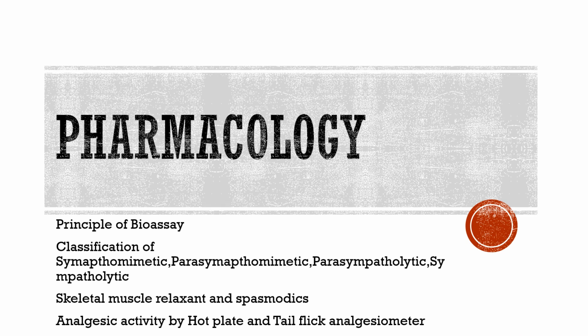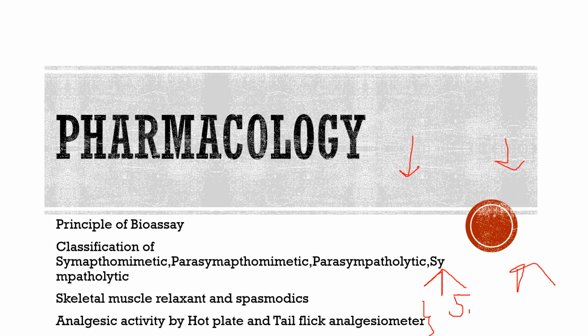Analgesic activity by hot plate and tail flick analgesiometer. That's very, very important. You have to remember the hot plate method, central, peripheral, and what will be the analgesic activity. So if the pain threshold is more, the analgesic activity is more. If the pain threshold is less, the analgesic activity is less. Suppose we take any example of an analgesic drug. Let's take diclofenac or nimesulide or any drug.